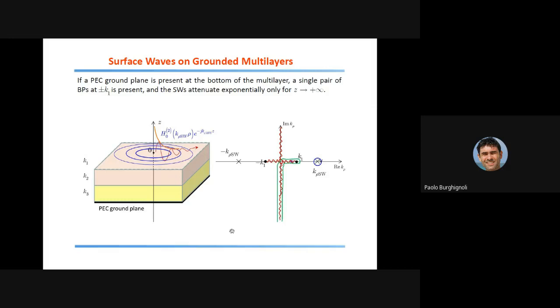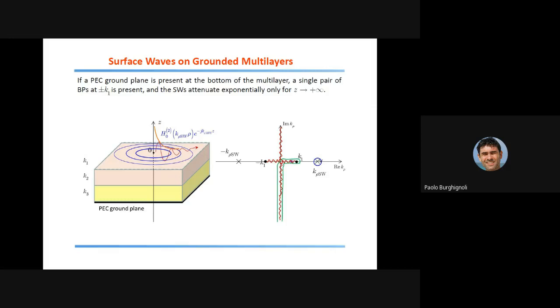So this is typical of open structures. In addition to discrete modes of propagation, the surface waves, you also have a continuous spectrum of modes which are useful to describe radiative phenomena and also reactive phenomena.